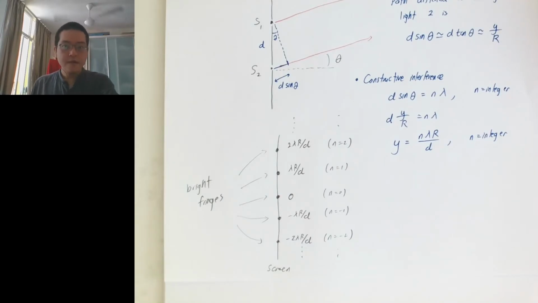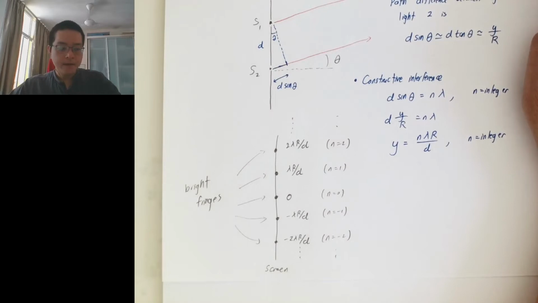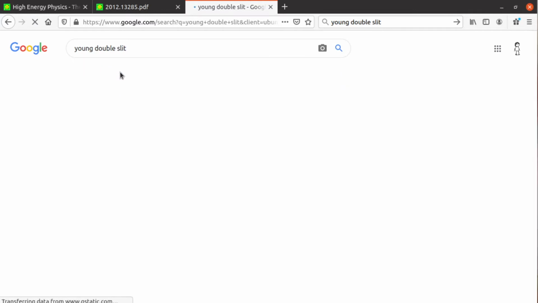Let me Google the Young double slit to show you how it looks. Let me make sure it shows on the screen as well. Let's see some pictures of the double slit experiment.